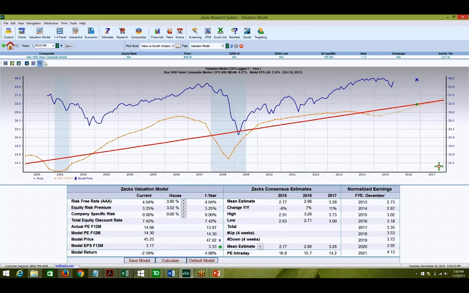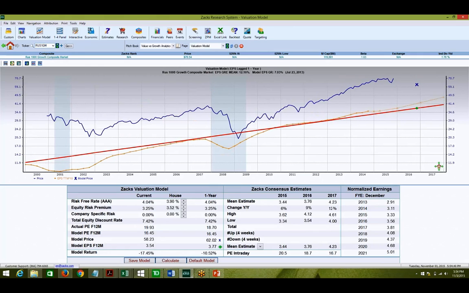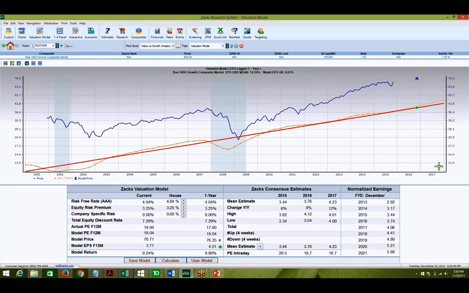If we compare this to growth stocks, we can see a slightly different picture. We can see here that if we take the default starting point, growth stocks, on the other hand, are trading roughly in line with its intrinsic value, which represents an upside potential of about 9.8% over the next year.